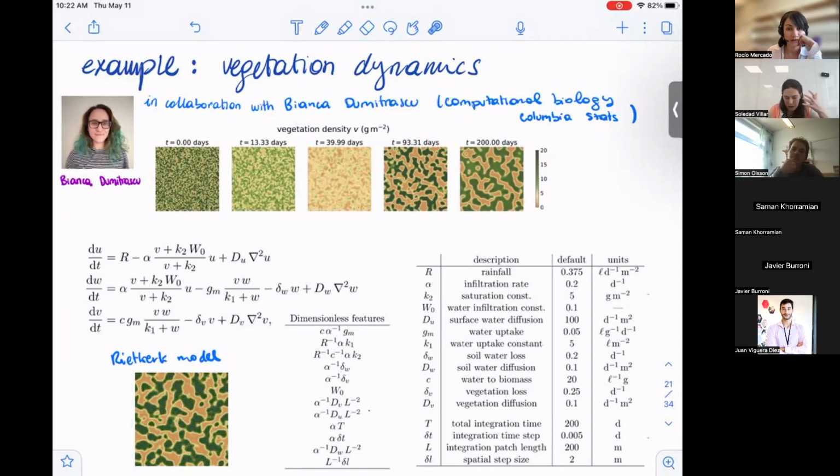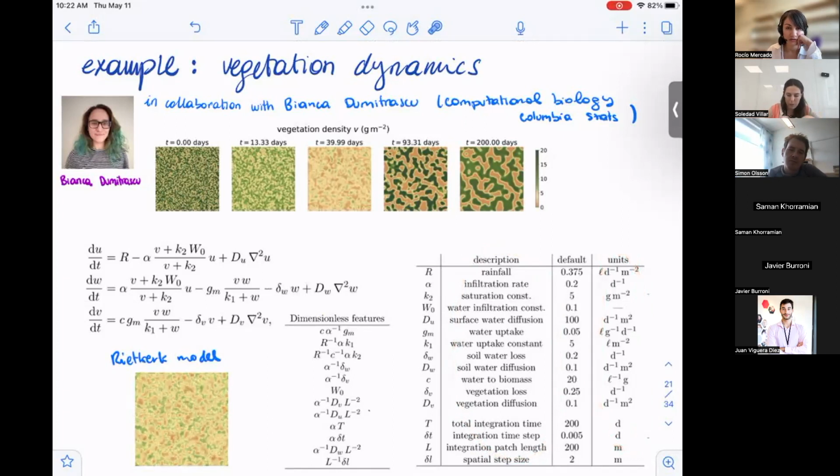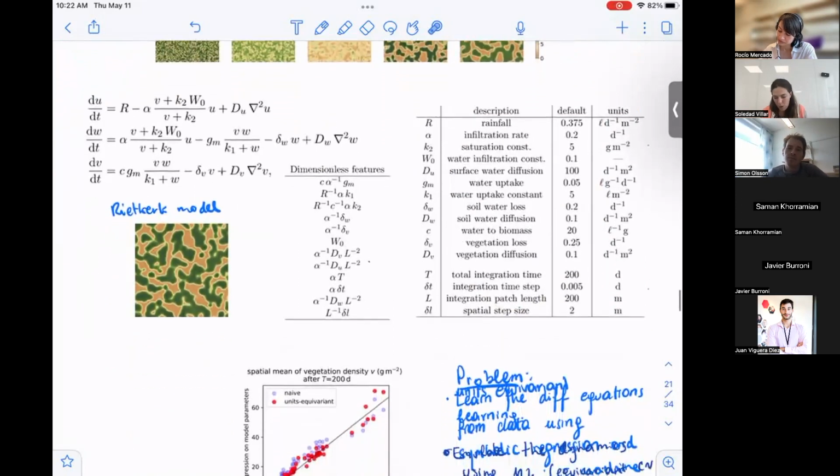And also these vegetation dynamics models have a lot of parameters that have to do with rainfall and properties of the soil, etc. And all these parameters have units. So when we do the simulations and the regressions, it makes sense to do it in a dimensional space. This is like modeling a PDE and doing some regression. It makes sense to do it in a dimensional space, and then we can compare that.